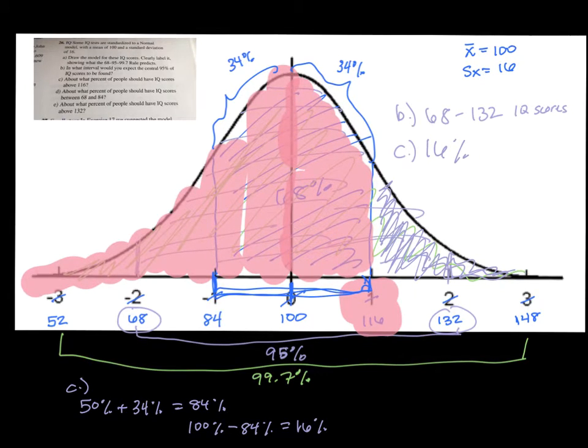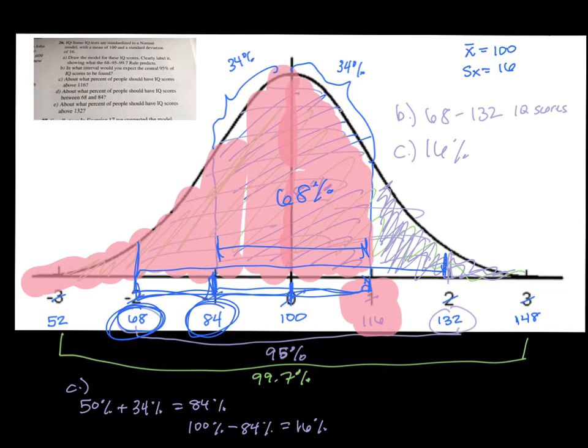Now for D, it says, what percent of people should have IQ scores between 68 and 84? So we've got 68 and 84, so this tiny chunk. Again, now I know that the center, this section from here to here, is 68%. And I know that the next section added on to it is 95%. So what's 95 minus 68?